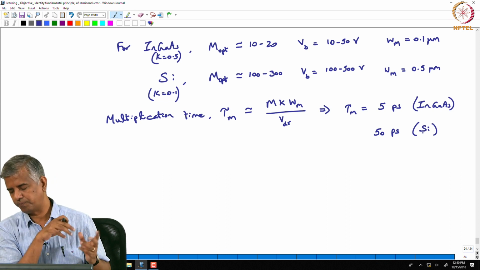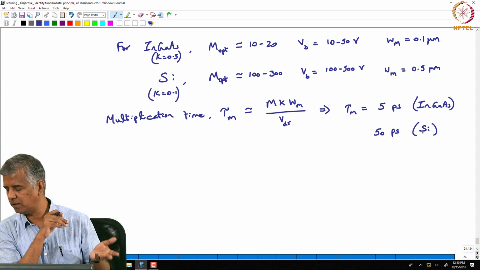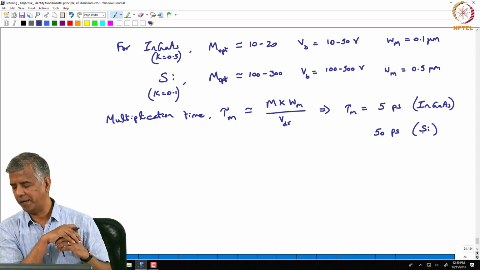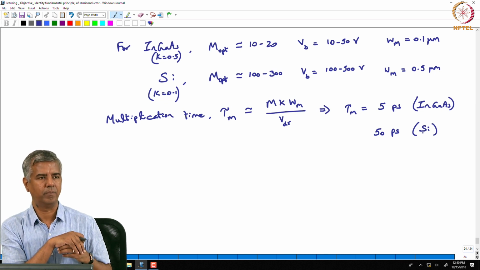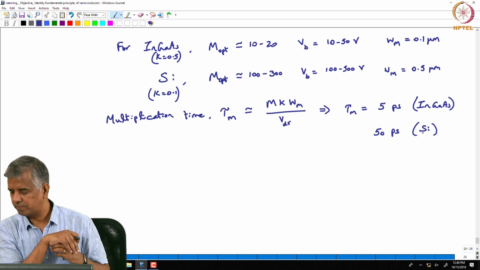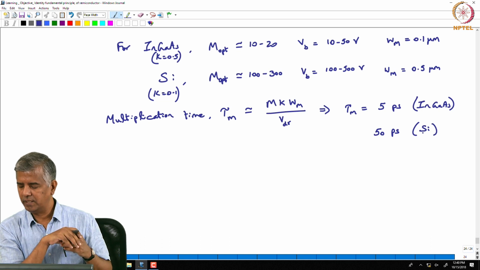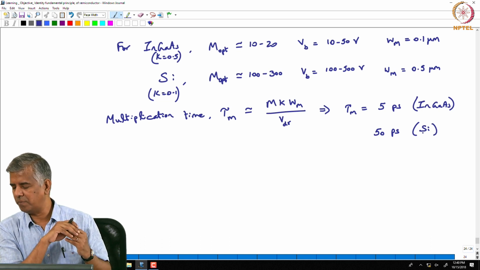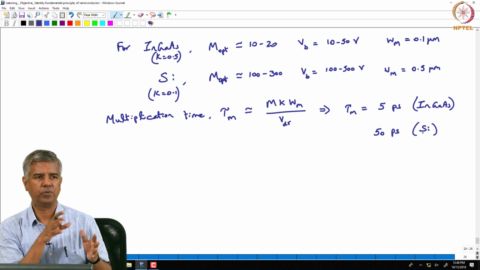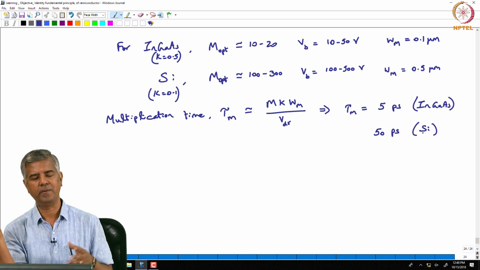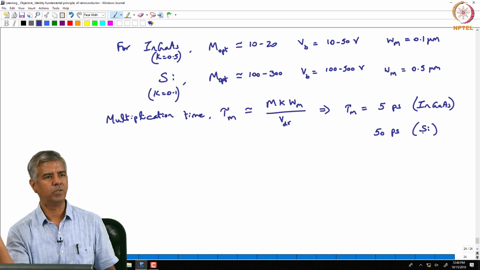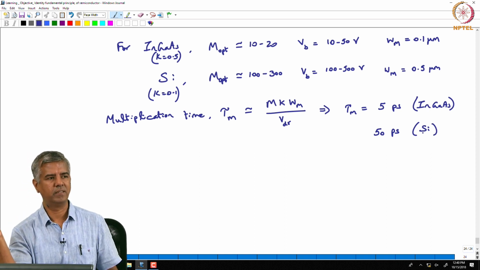So, it is essentially saying that your silicon APDs are going to have lower bandwidth compared to indium gallium arsenide APDs, which is good to know, but it really does not matter because silicon is going to be used for very different applications than indium gallium arsenide. Where would you want to use indium gallium arsenide photodiodes?